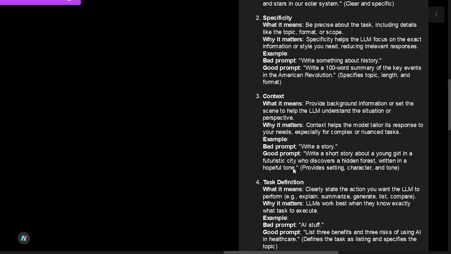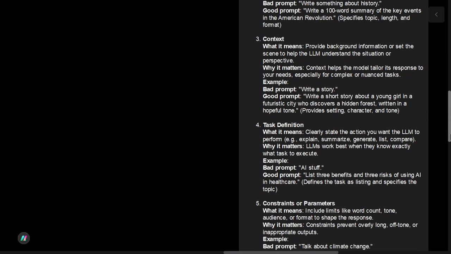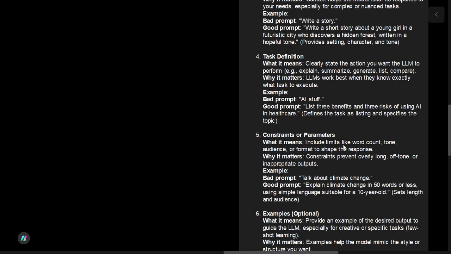Next one is about the task definition. By using a proper task definition, we can make the prompts better. For example, clearly state the action you want the LLM to perform: explain, summarize, generate, list, compare. And why it matters? Because LLMs work best when they know exactly what they need to execute.